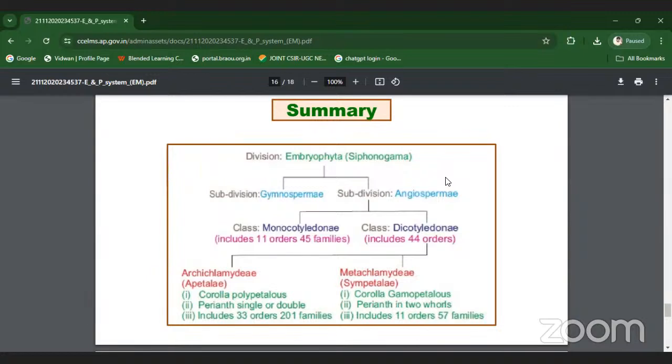This classification is based on the Jussieu classification and de Candolle. Bentham and Hooker is based on Jussieu and de Candolle, and Engler and Prantl is based on the Eichler classification. Bentham and Hooker is a natural system of classification, and Engler and Prantl is a phylogenetic classification.